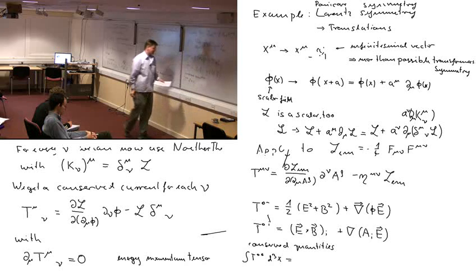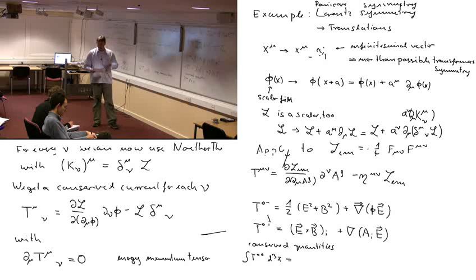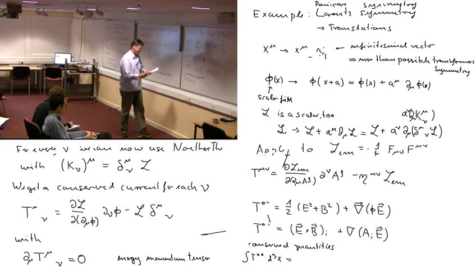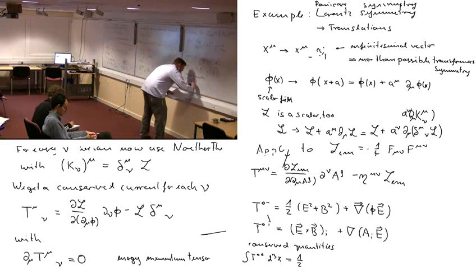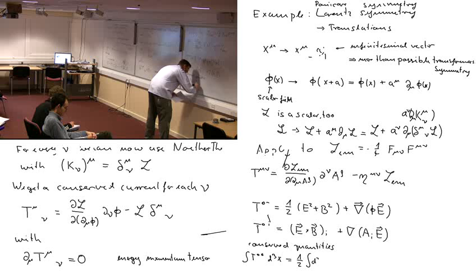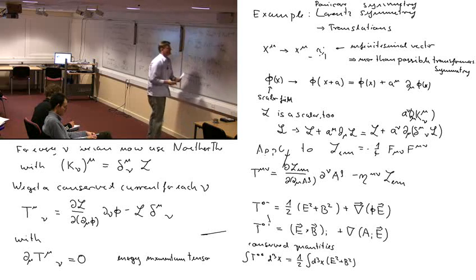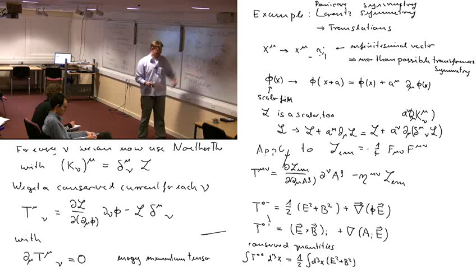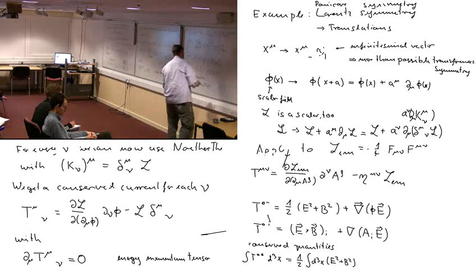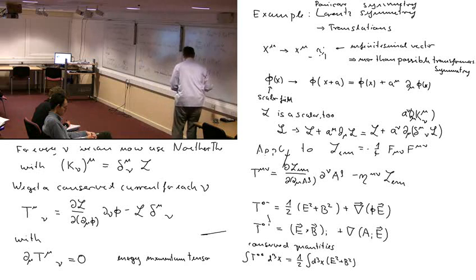And what you find, and that's the nice feature and something that you maybe should check for yourself, is actually that this is 1/2 space integral of E squared plus B squared. This total derivative does not contribute to the total integral. So this is truly the energy of the field.